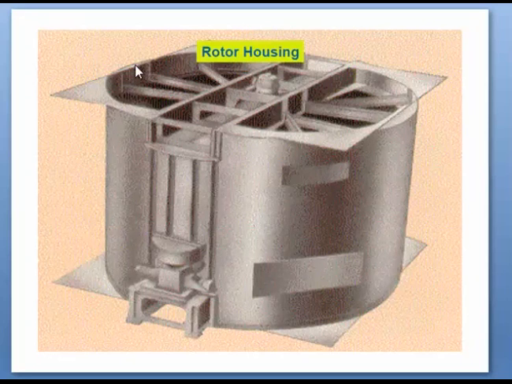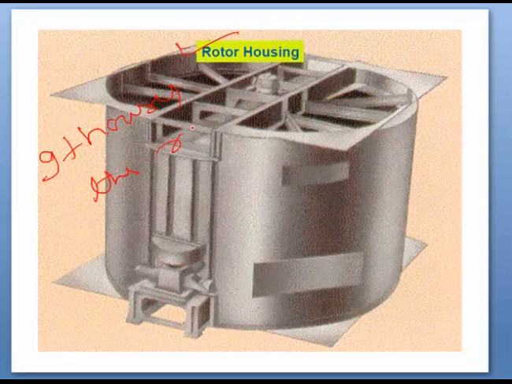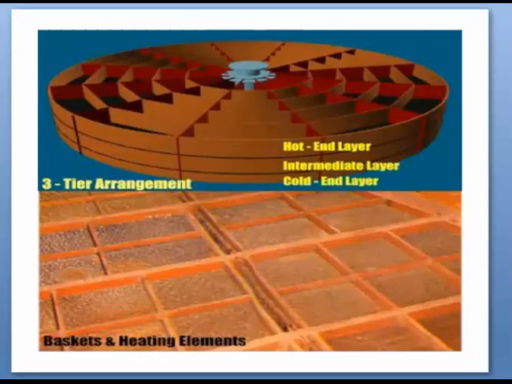This is our rotor housing. It houses the rotor, and the rotor rotates inside this housing. In this picture, you can see that the rotor has a three tier arrangement.